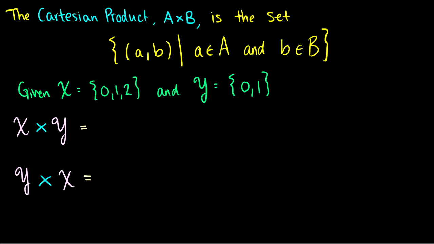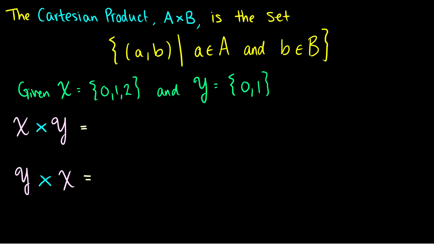So imagine I have a set X containing 0, 1, and 2, and a set Y containing 0 and 1, and I want to find the Cartesian product. Well, that's just the set of ordered pairs where the first element will come from X and the second element will come from Y. So if it's X cross Y, the first element comes from X, the second from Y. If it's Y cross X, then we reverse it.